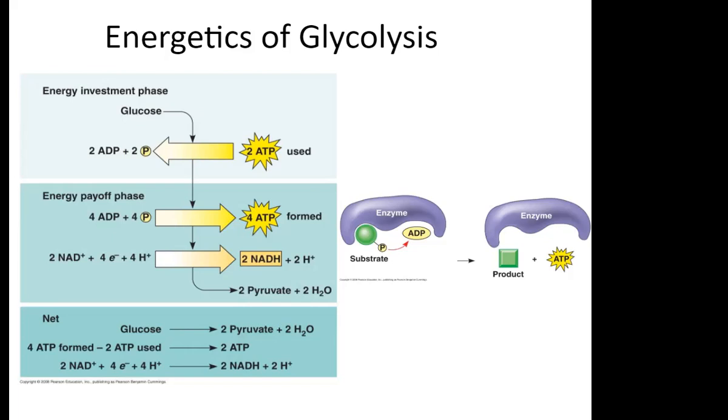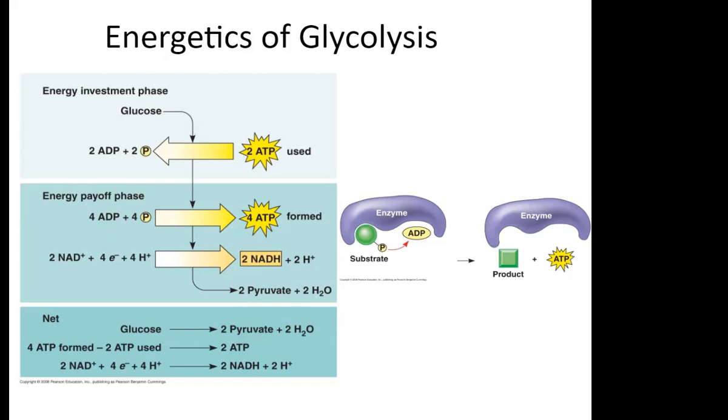Okay, so let's talk about glycolysis. What does glycolysis mean? Break down that word in your mind. Let me change the pronunciation. Glycolysis. Splitting of sugar. So you have glucose here.